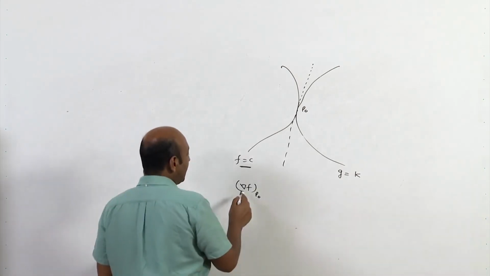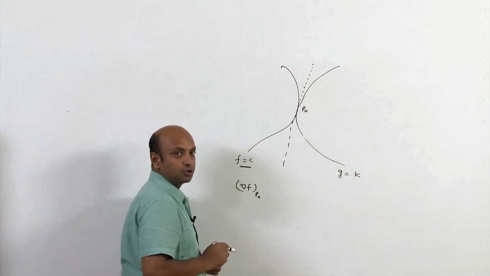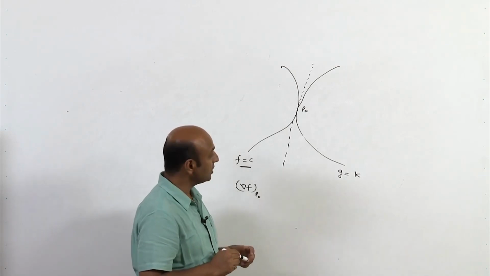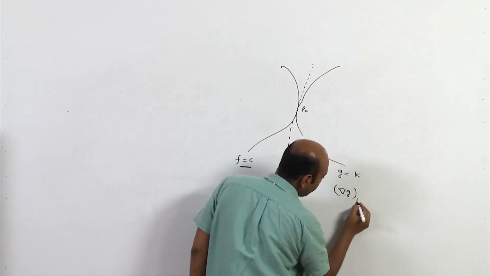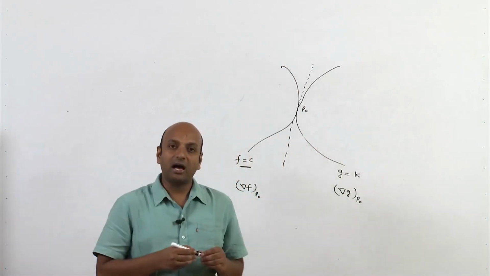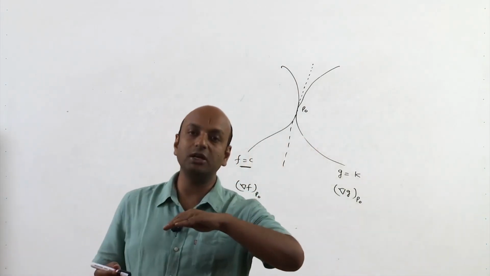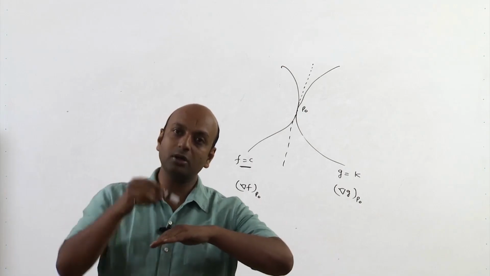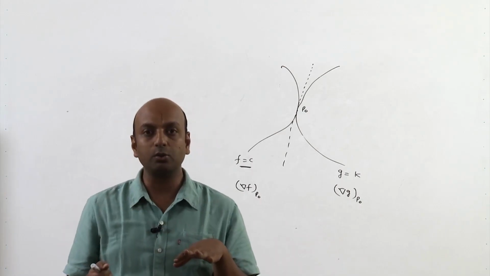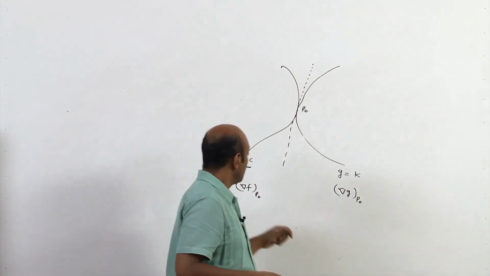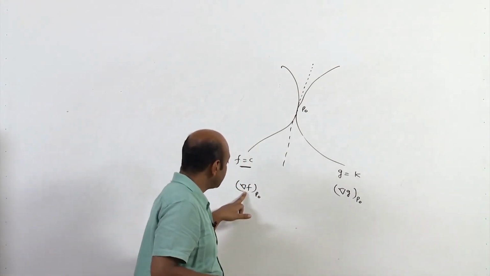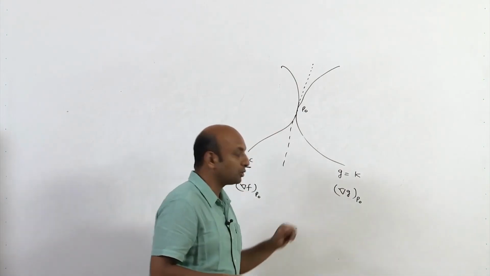So it will definitely be normal to a tangent line also. Similarly, gradient of g at P naught will give a vector normal to the surface g equal to k at P naught. So it will be normal to tangent line also.